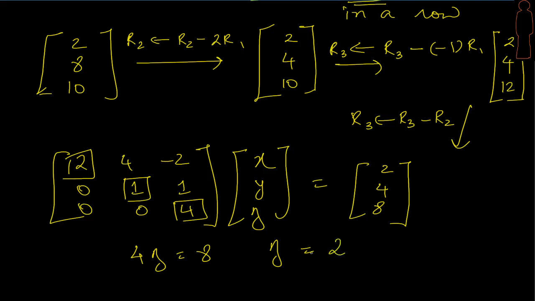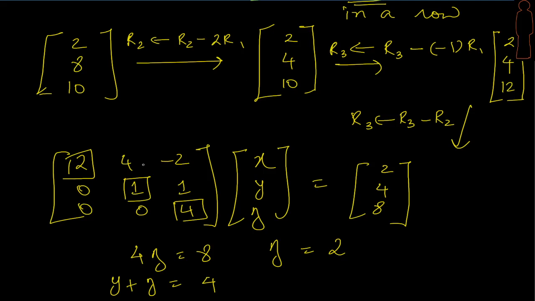Now we have to substitute for this in the previous equation. So how do we do that? Finally this is the one that's going to help us. This equation says y plus z giving us 4. Now use this value and substitute it here, right? That's why this is called back substitution. Remember, elimination happened in the forward direction.